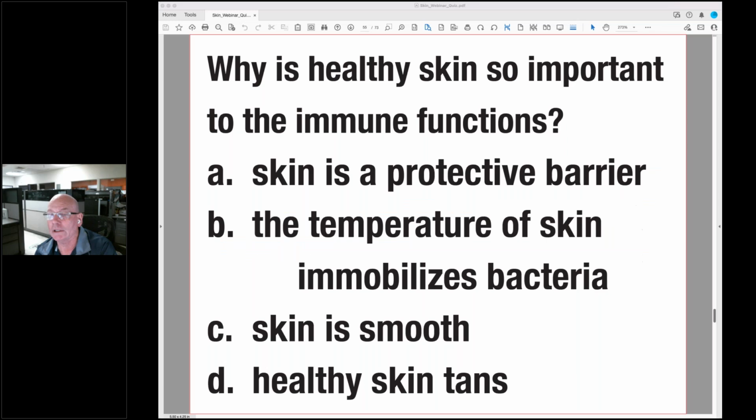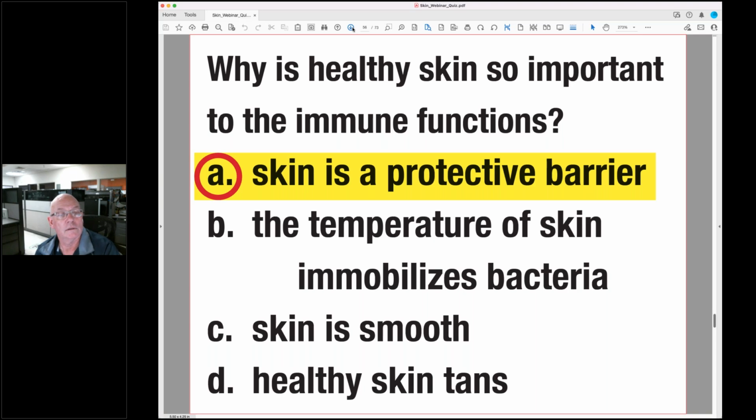Not bad, pretty good. That is the correct answer: skin is a protective barrier. I wouldn't say the temperature of skin immobilizes bacteria. Skin does help get rid of the bacteria, but not because of its temperature. Anyway, skin is a protective barrier.